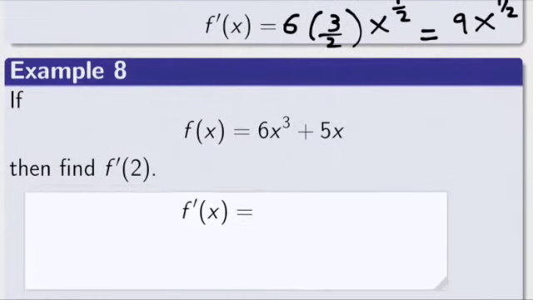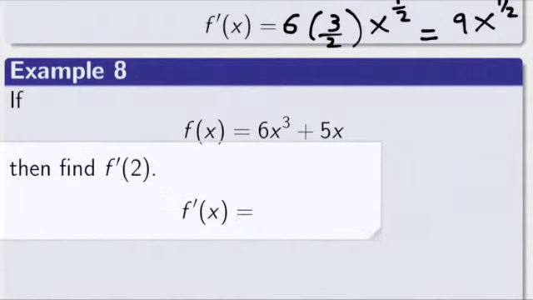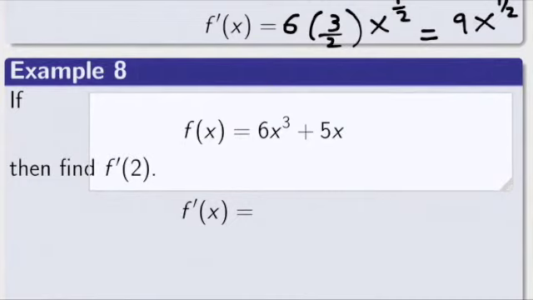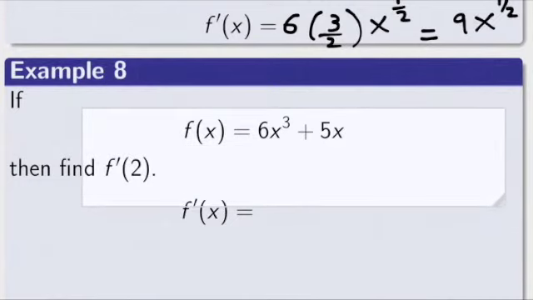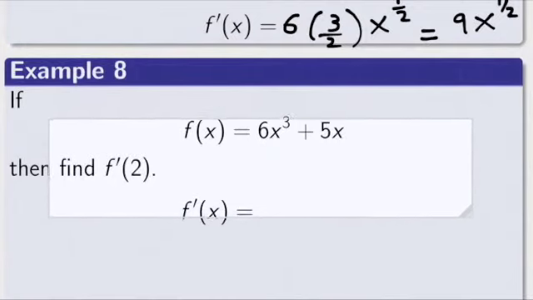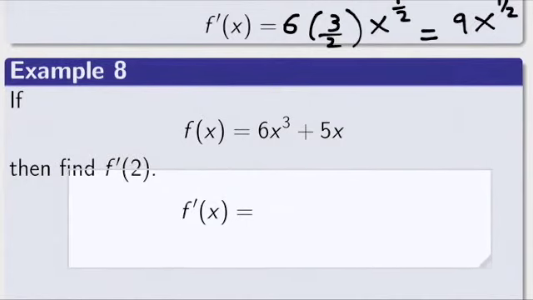So if f(x) equals 6x cubed plus 5x, then find f dash 2. In other words, find the derivative of f with respect to x, that's f dash x, and then evaluate f dash x at x equal to 2. That's what f dash 2 implies. So derivative of f with respect to x is 6 times 3 x squared plus 5.